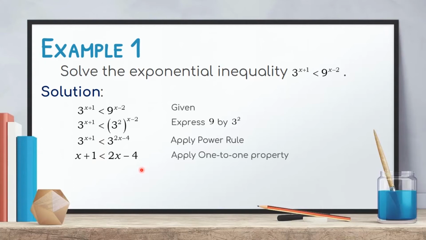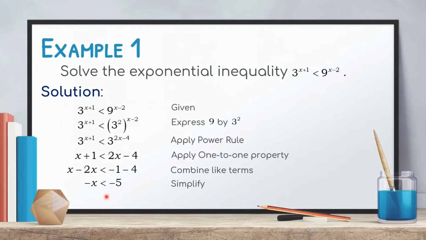Solving for the value of x, we need to combine like terms. So we will have x minus 2x is less than negative 1 minus 4. Simplify the left side and also the right side of our inequality. Then we will have negative x is less than negative 5.